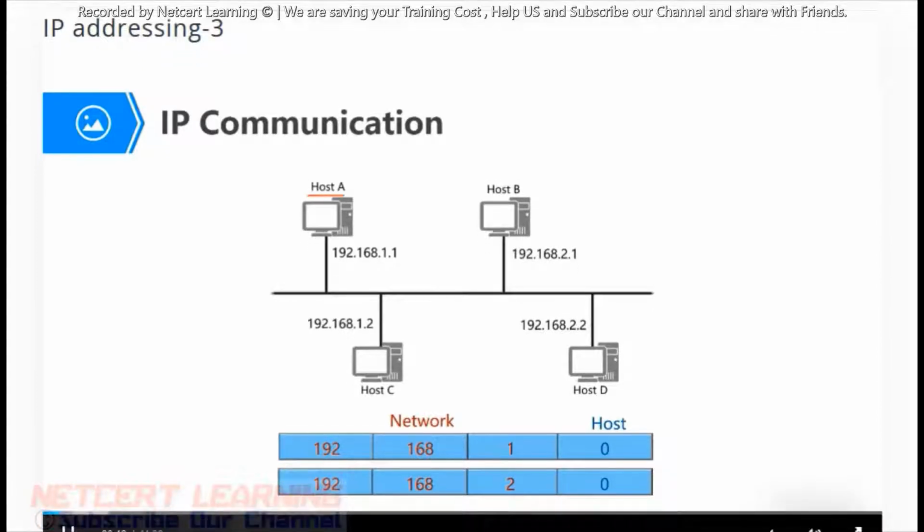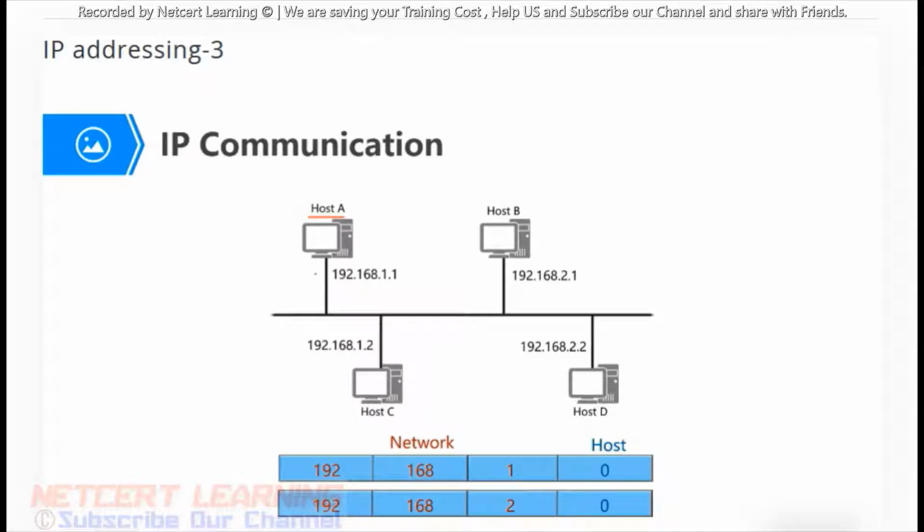Then the IP communication. When a host wants to communicate with another host, the PC first should decide where the destination is located. If the network part of the destination IP address is the same as the sender's network part, then these two hosts exist in the same network, so the host can send the packet directly to the destination.